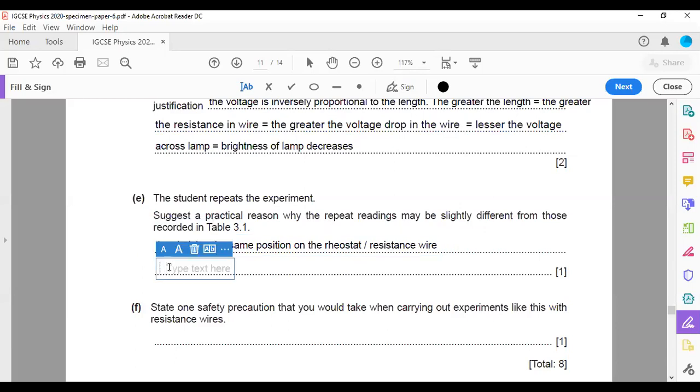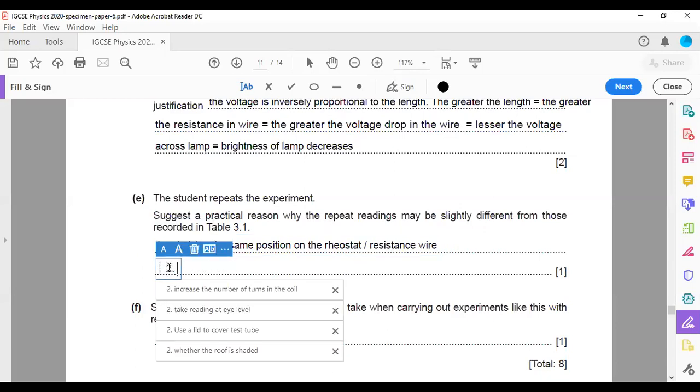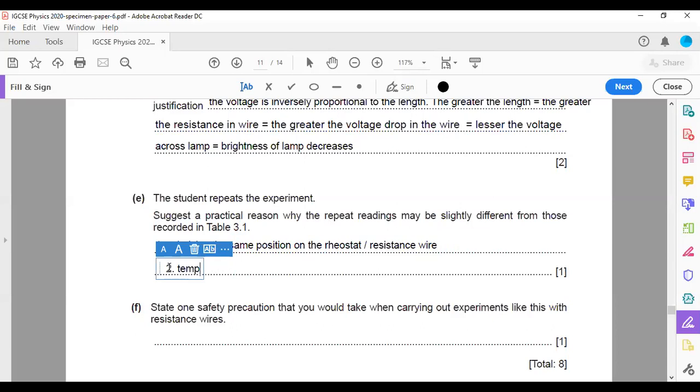The second point you could come up with is that temperature changes affect the resistance values.